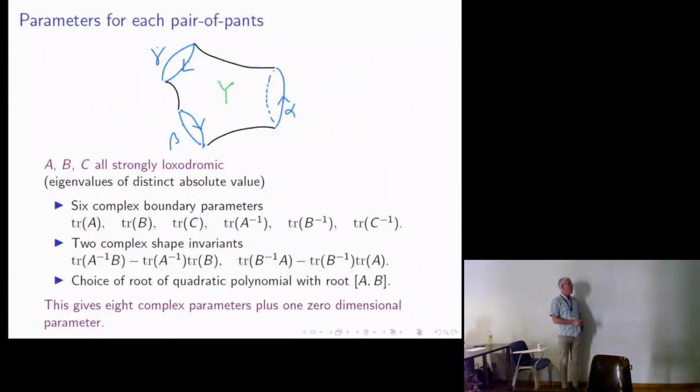I have two complex shape invariants, which remember that those are symmetric under cyclic permutation, but again they're independent of each other. And I have a choice of a root of quadratic polynomial whose root is the commutator. So that's my choice of sign. So I get 8 complex parameters plus 1 zero-dimensional parameter. That's a plus or minus.